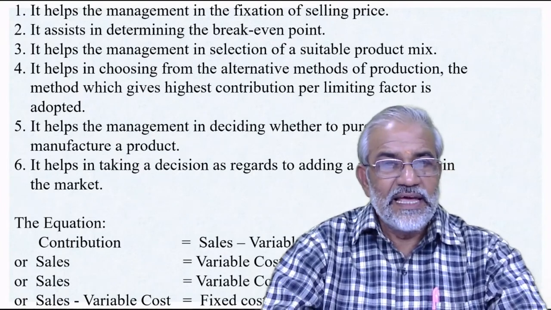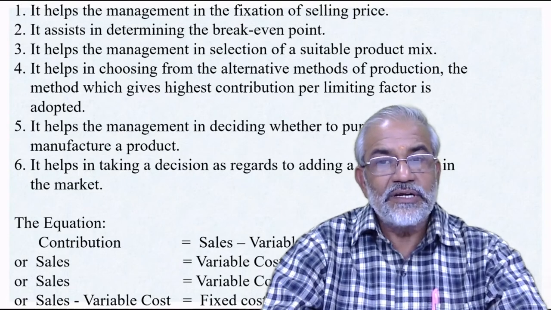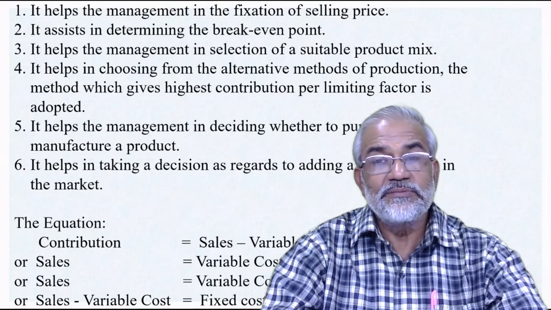The fourth one is it helps in choosing, from the alternative methods of production, the method which gives the highest contribution for the limiting factor.